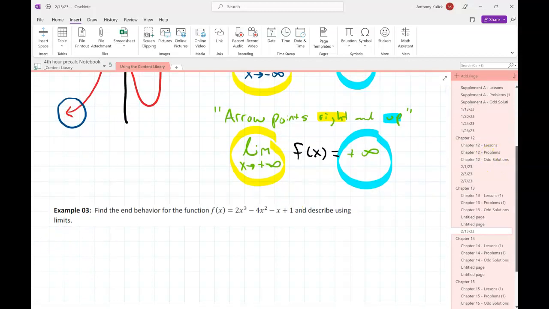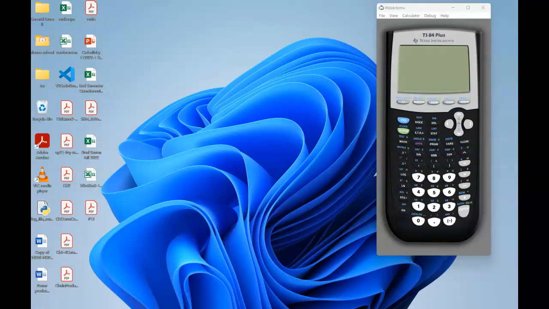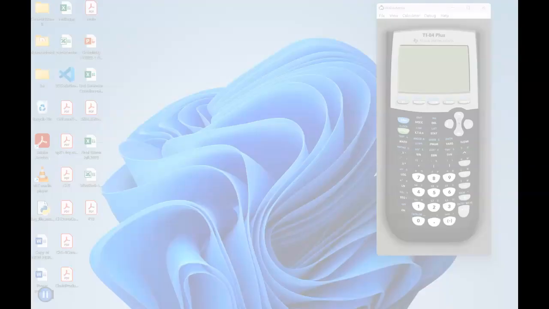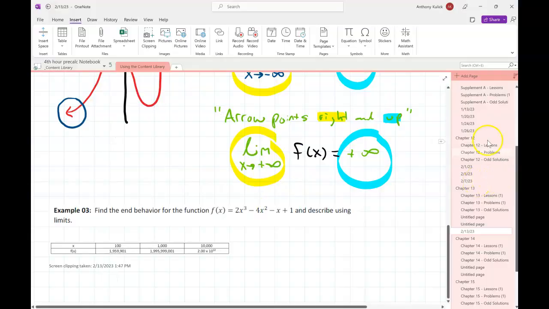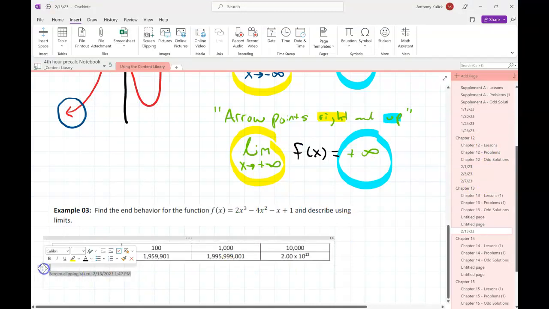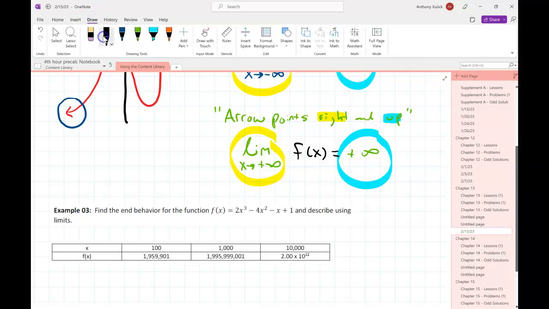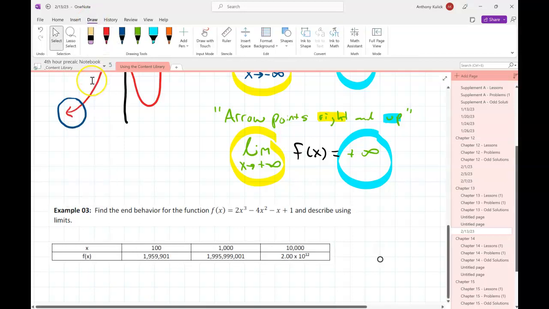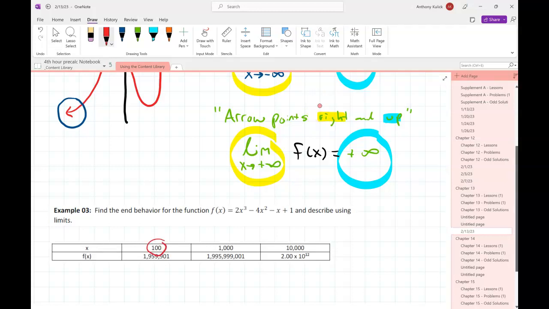So for example, if I had this function and I had this table, what I'd want to do is look at how the x values are changing. My x values go from 100 to 1,000 to 10,000.